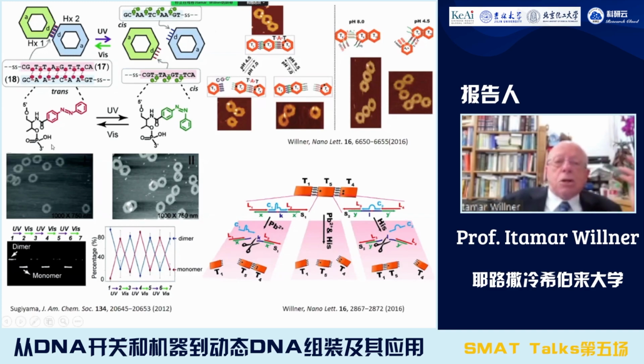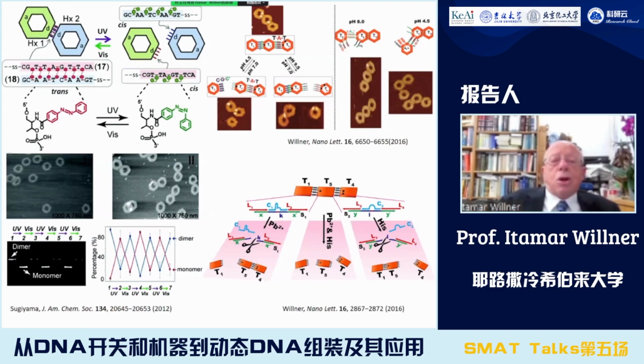For example, this is a very nice study by Sugiyama from Japan, where he took frames of origami tiles, and these origami tiles were modified, at one edge of the tiles, with azobenzene DNA tethers. When he photoisomerized these tethers to the trans state, these units got hybridized and he got dimers of the two tiles.